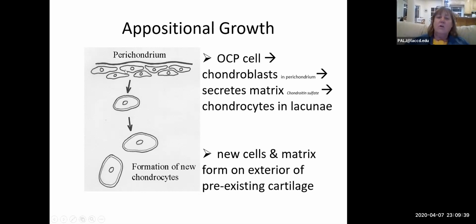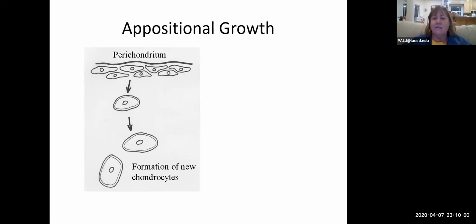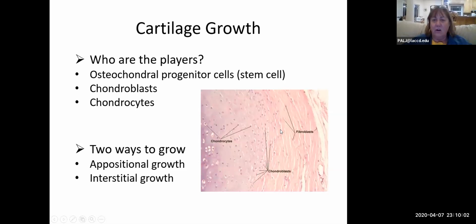So an osteochondral progenitor cell is in the perichondrium. So all the new cartilage, all the matrix is being made on the outside of the pre-existing cartilage. Kind of like if you took a candle and you would dip it into wax, all your candle newness would all be on the outside. So that kind of explains when I go back to this picture over here, where we can see the mature chondrocytes in all their lacuna here in the center of a piece of cartilage.